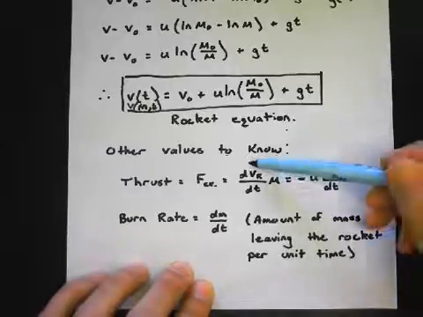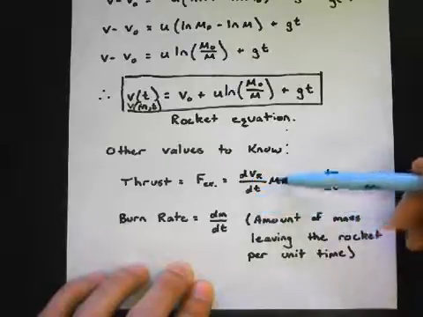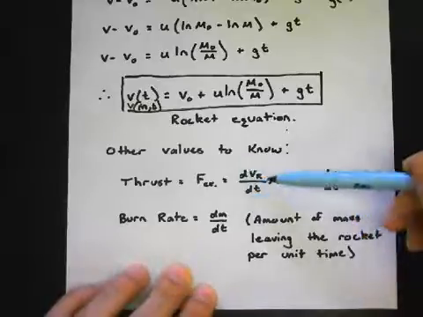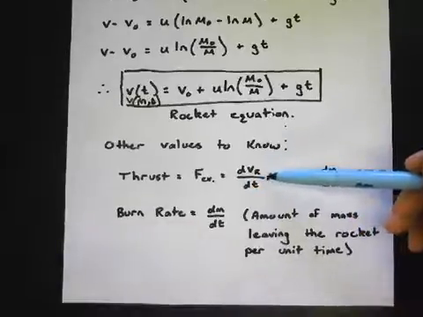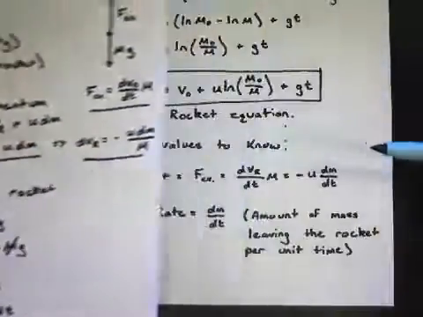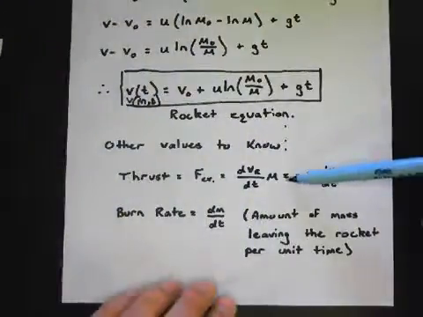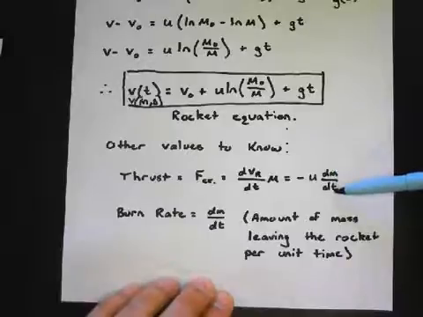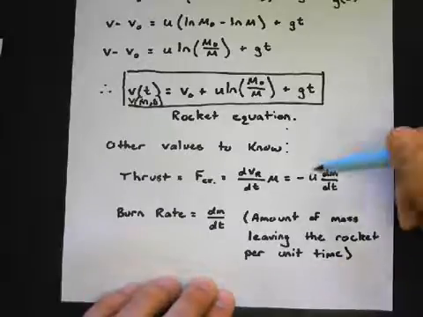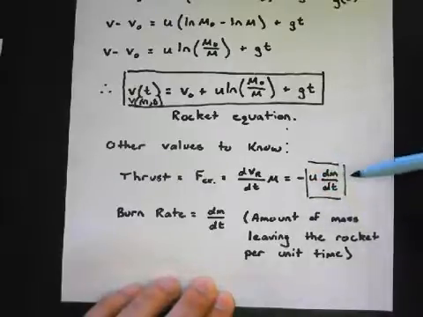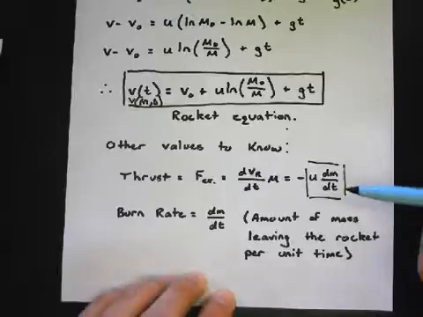So we see again that it's just acceleration times mass. And then we could also sub in our relation that we found from the conservation of momentum to get that equal to negative u, or the exhaust velocity, times dm over dt. Usually this right here would be defined as the thrust.